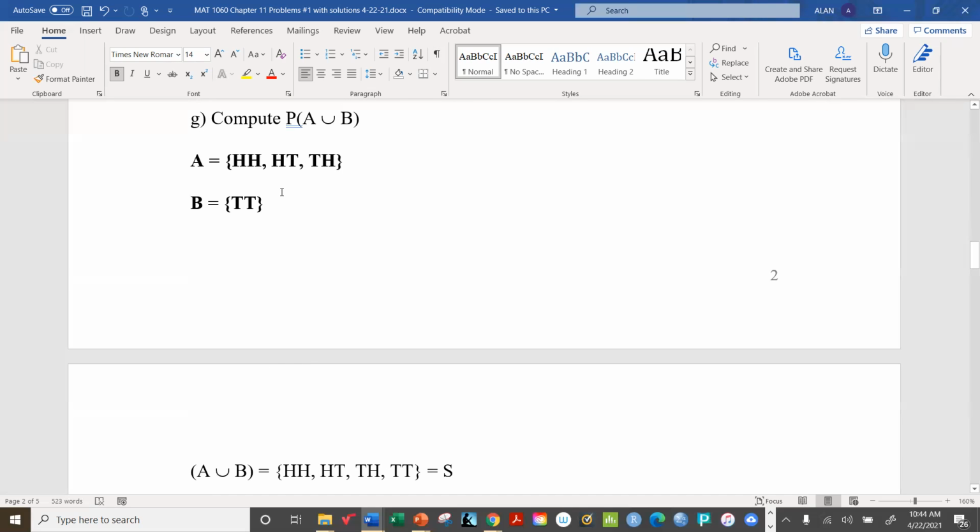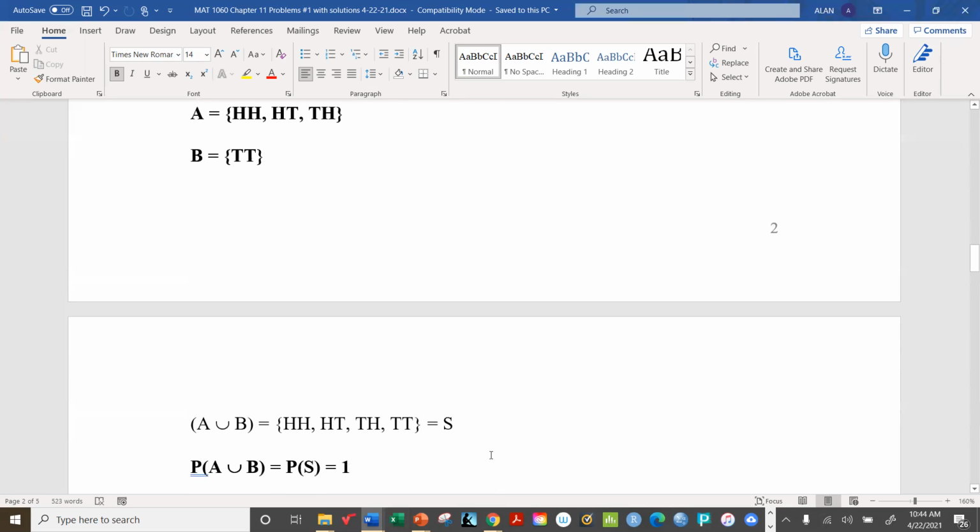Look at this. The union of these two sets is the entire sample space. So that's an important result too, because that implies that the probability of this union is therefore equal to the probability of the sample space, which we know from the axioms of probability is equal to 1. So that is one way you could explain why this probability is 1.